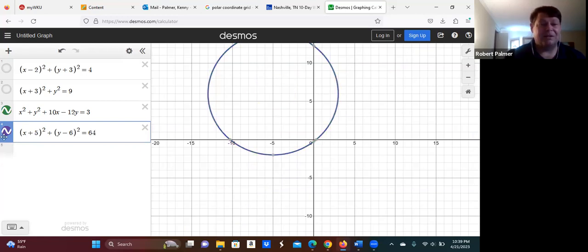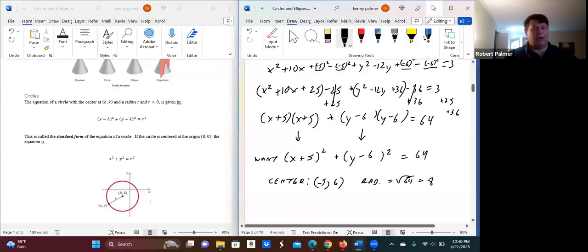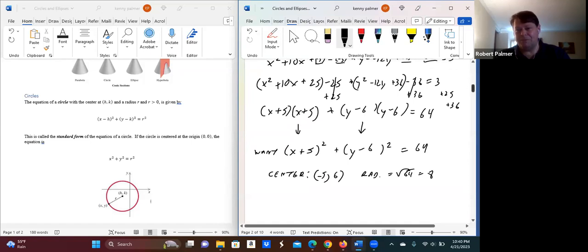Yeah, see, it's exactly the same thing. That's just another way of writing that equation. This is usually a better form because we can understand more about the circle from this form than we can from this form. There's nothing wrong with this form. All right, let's do one more of those really quickly, and then we'll talk about ellipses.